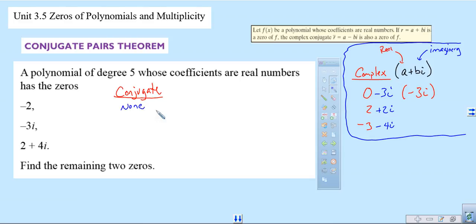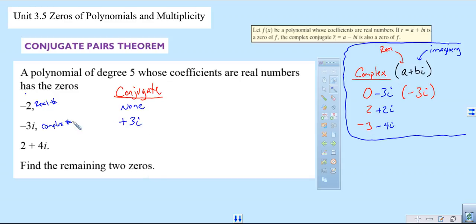The reason is that conjugates only happen in the complex number system. Negative 2 is a real number, so there's no conjugate. However, negative 3i is a complex number.